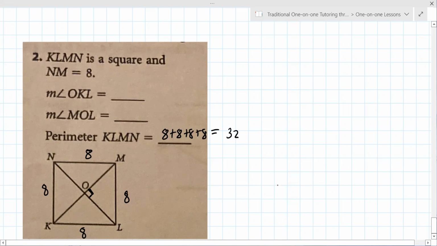That's how you answer OKL, because that's this one, and then MOL. They're just 90. Yes, you just have to add them all together. Let's do another one here.